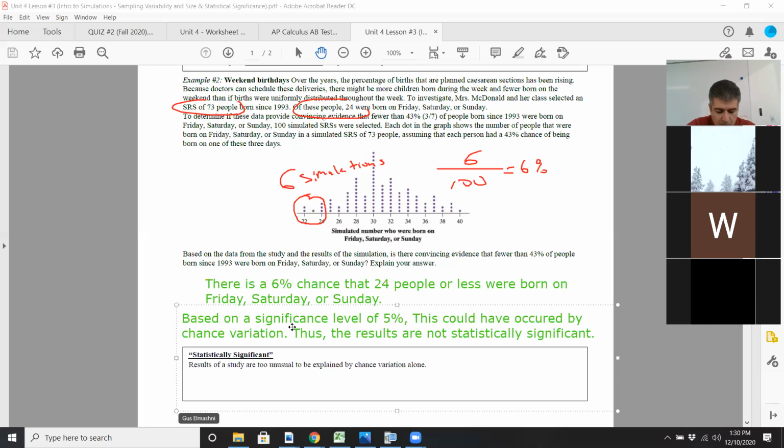So you create these things called significance levels. So let me put this down here.